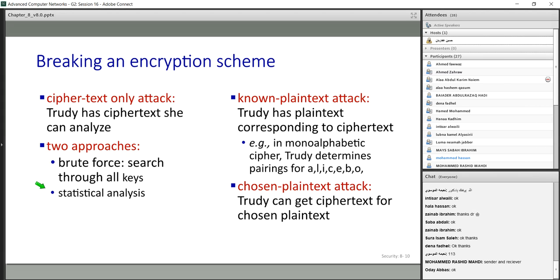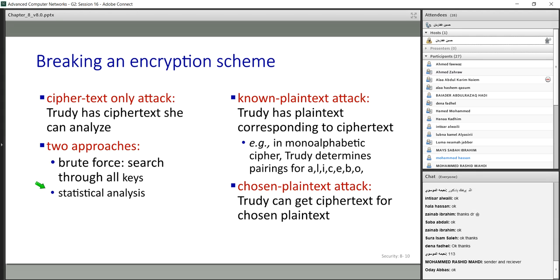So brute force always succeeds, but who cares about the time? This strategy can be used only for systems with very weak, very short passwords and keys. The other strategy is using statistical analysis.